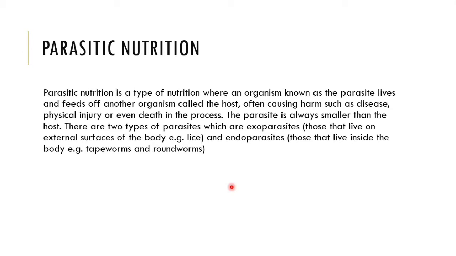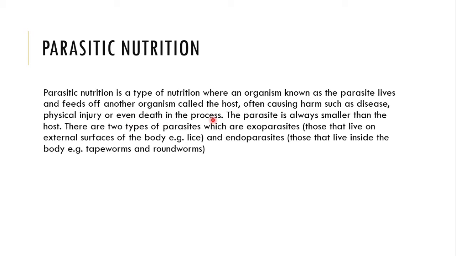Parasitic nutrition is a type of nutrition where an organism known as the parasite lives and feeds off another organism called the host, often causing harm such as disease, physical injury, or even death in the process.